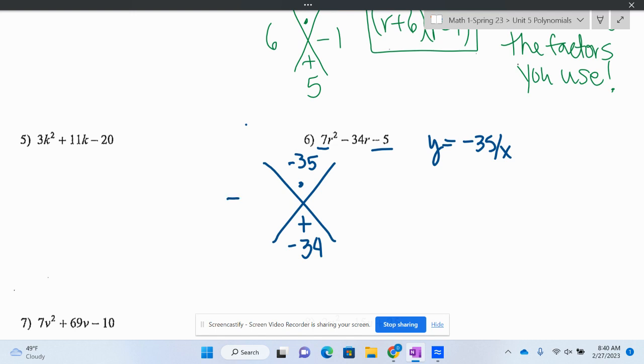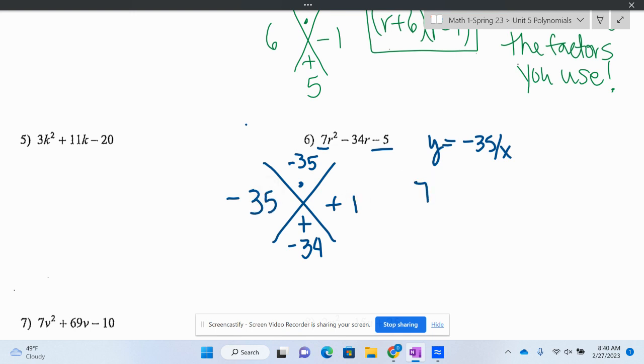And the larger number has to be negative. The smaller number is going to be positive. So what are the two factors that I can use? The larger number has to be negative. So I would go to where, like in my table, where my negative numbers come first. Yeah, negative 35 and a positive 1.